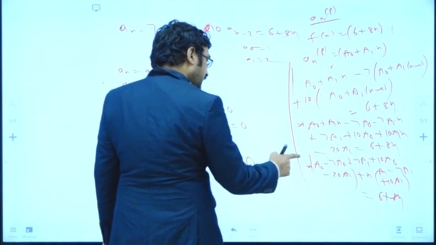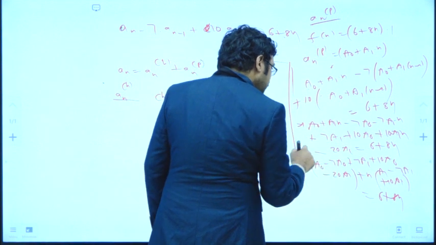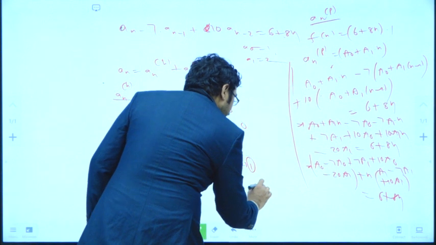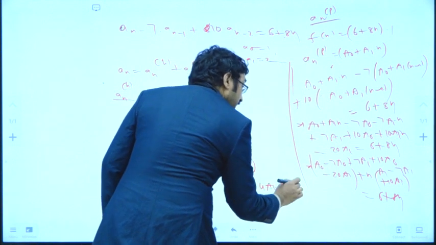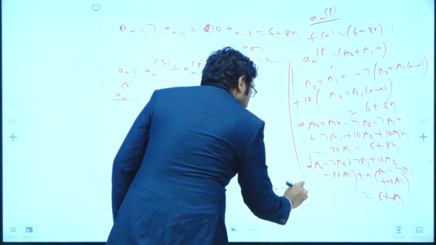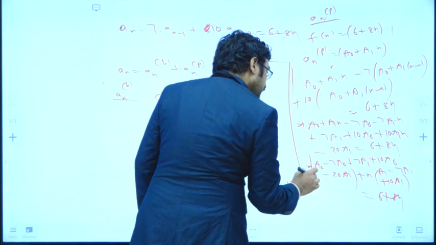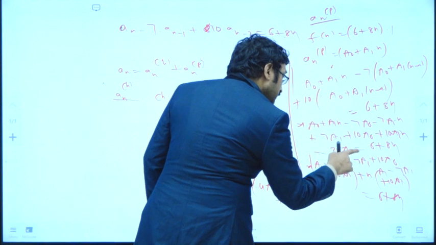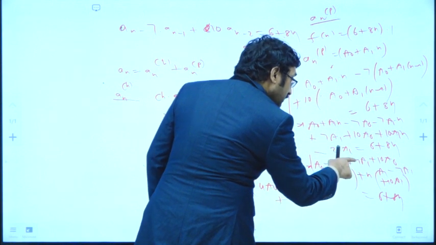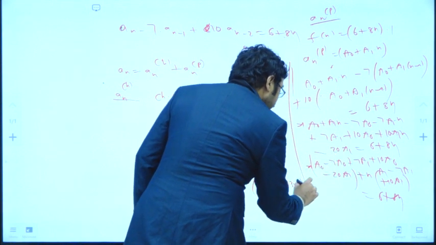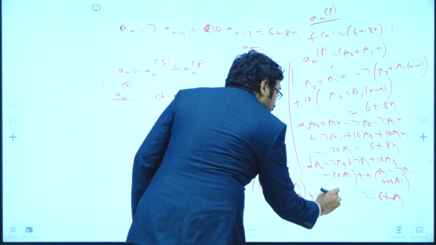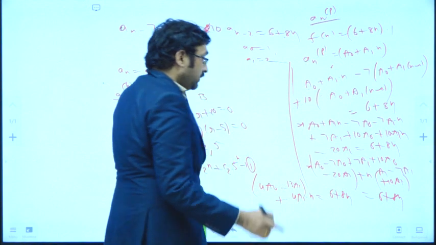So we will get minus 7a0 plus 10a0 gives 4a0. So 4a0 minus 13a1, plus n times 4a1, that is 4a1 into n equal to 6 plus 8n.